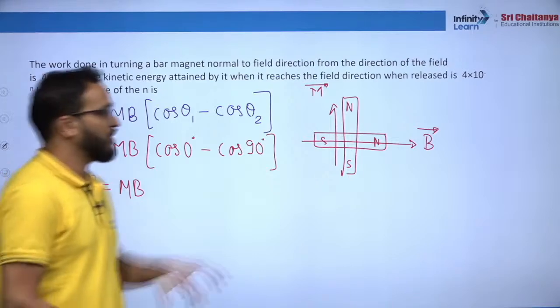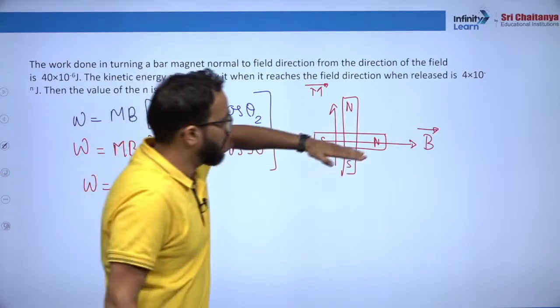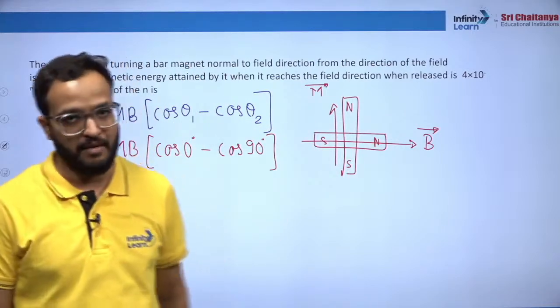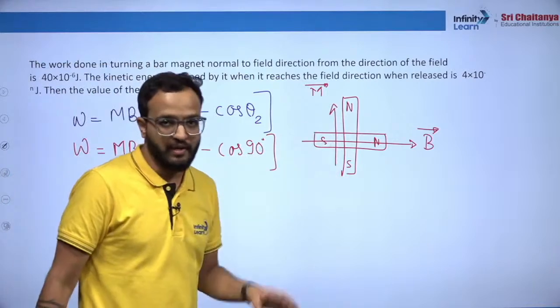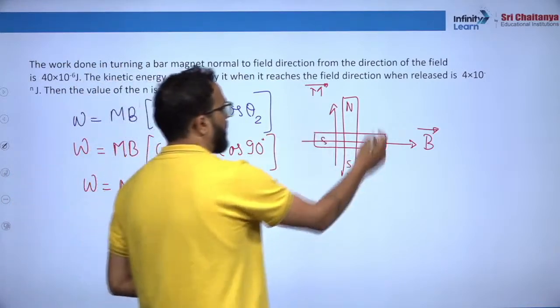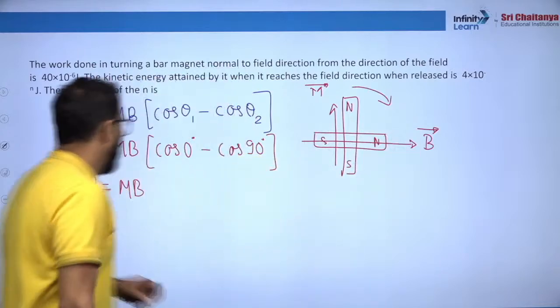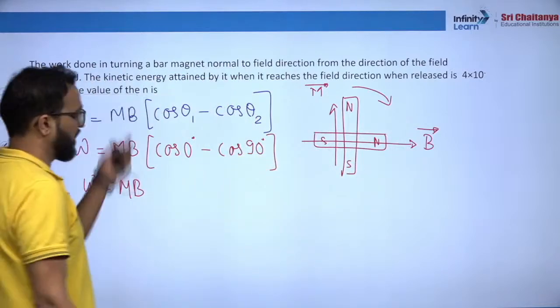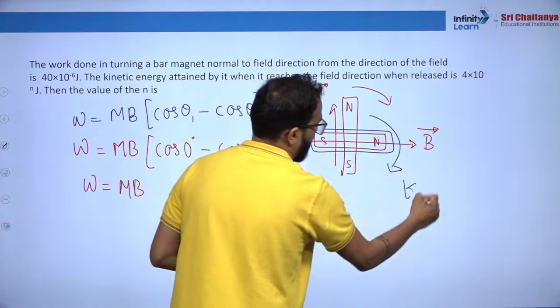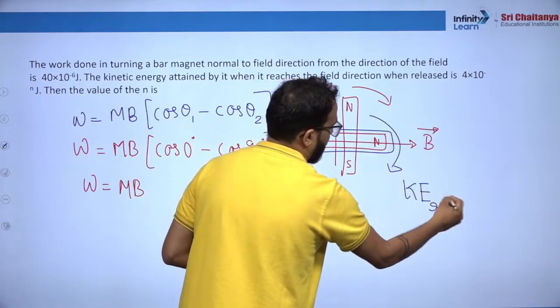Now if you leave it from here, whatever work you have done to rotate it goes in the form of potential energy in the bar magnet. That means the same amount of work has been stored in the form of potential energy in the bar magnet. Now if you leave it, it is going to come back and have the same amount of rotational kinetic energy.